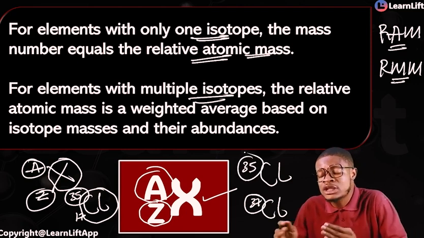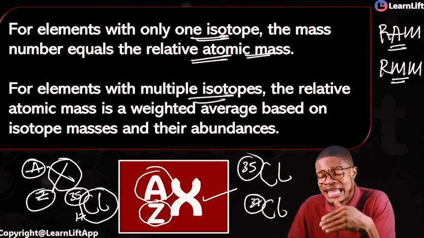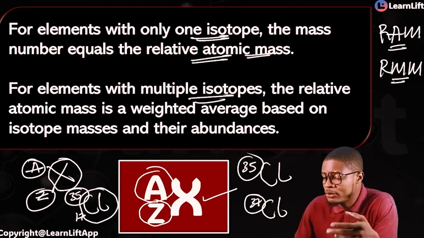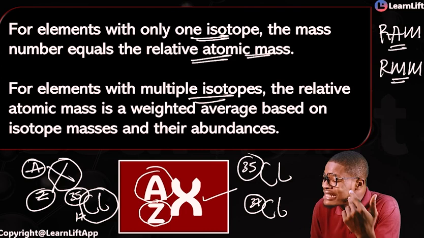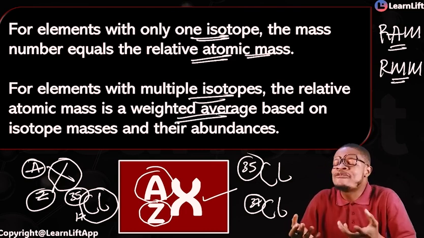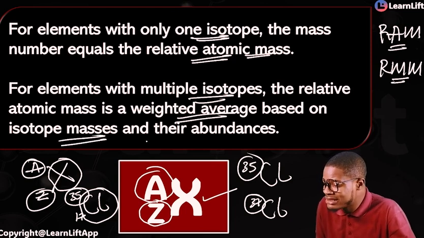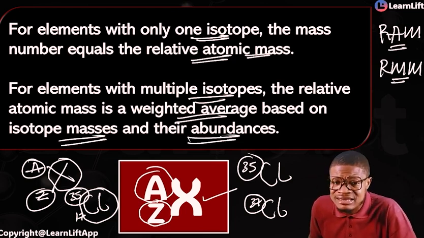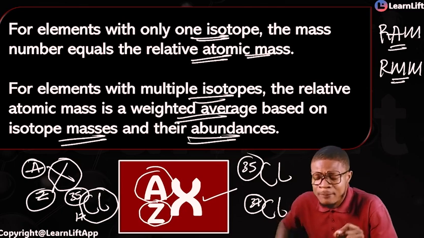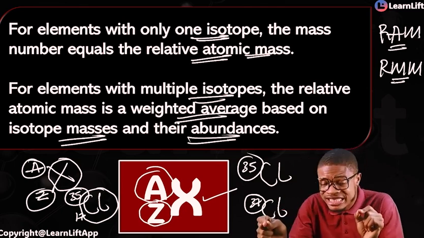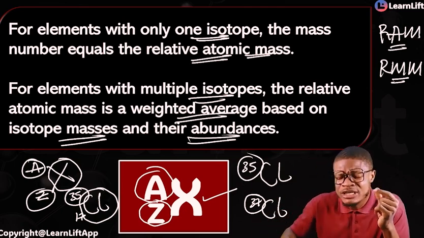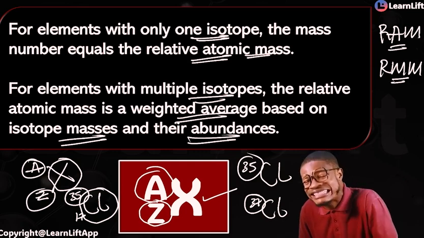So chlorine has multiple isotopes. For elements like chlorine that have multiple isotopes, the relative atomic mass is a weighted average based on the isotope masses and their abundances. So relative atomic mass for them becomes the weighted average on the basis of their isotope masses and their abundances.